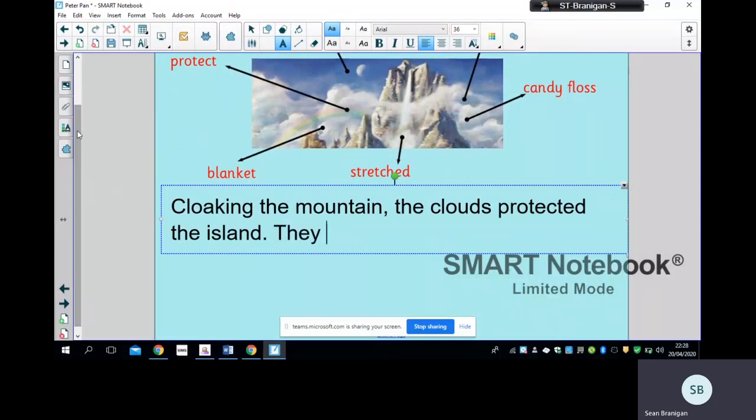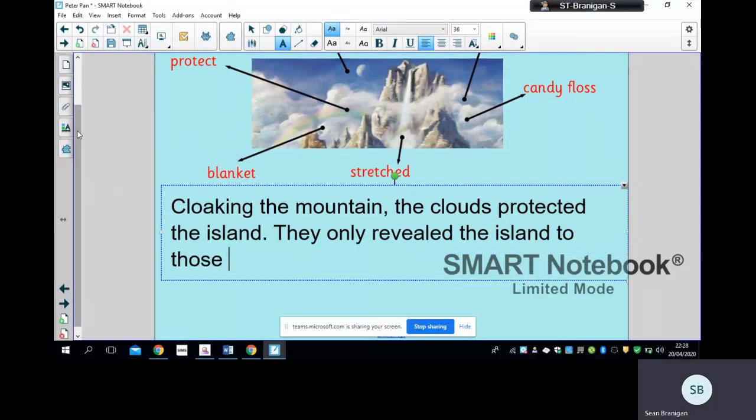The clouds, they only revealed the island to those that it chose. Cloaking the mountain, the clouds protected the island.